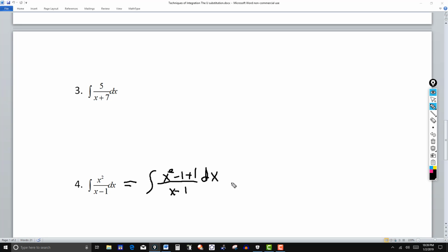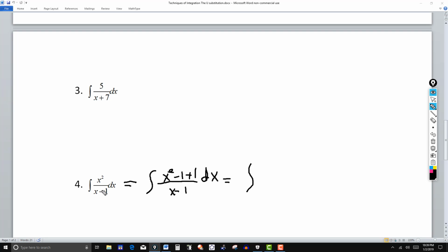So now I can break this up into two integrals. Notice here I just added and subtracted 1. Negative 1 plus 1 is still 0, so this is still the same thing as what I started off with. That's a little trick in mathematics where you can always add 0 to an expression. It doesn't change it. Just like you can always multiply an expression by 1, it doesn't change it.